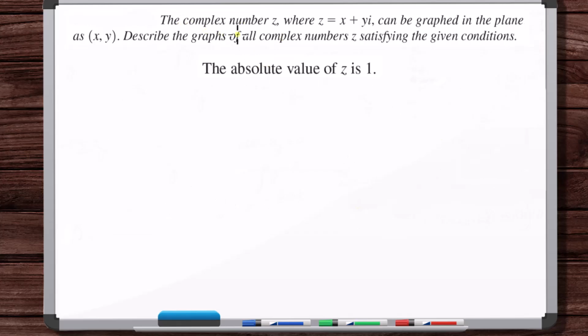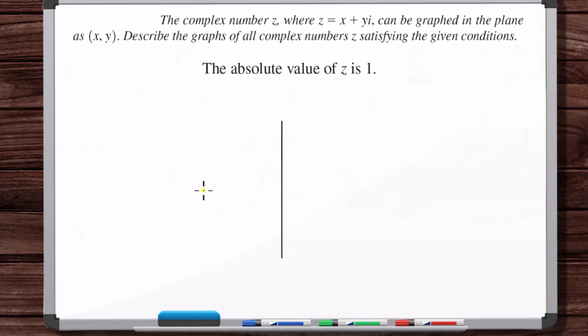Okay, the complex number z, where z is in rectangular form, can be graphed in the plane as x, y. Describe the graphs of all complex numbers z satisfying the given conditions. So the absolute value of z is 1.